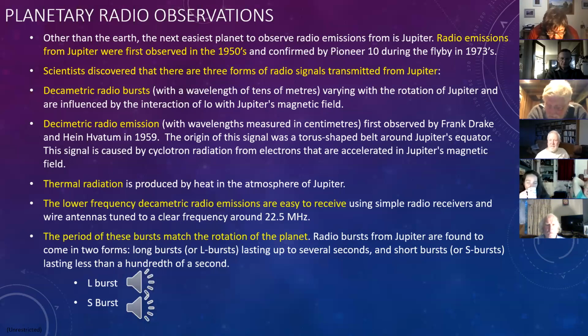The great thing about it is the wavelength at 22.5 megahertz is only around 10 to 12 meters, and you can build a very simple wire antenna with pieces of relatively cheap wire, some chocolate block electrical connectors and a bit of soldering, and you can create yourself a very nice antenna.